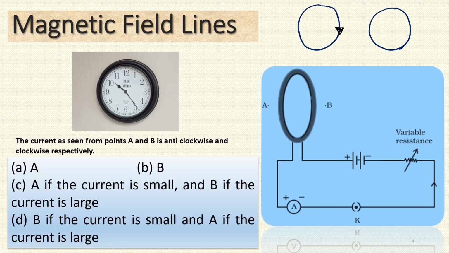One is clockwise, according to the hands of the clock, and the other one is anti-clockwise, which is opposite to the direction of the hands of the clock.